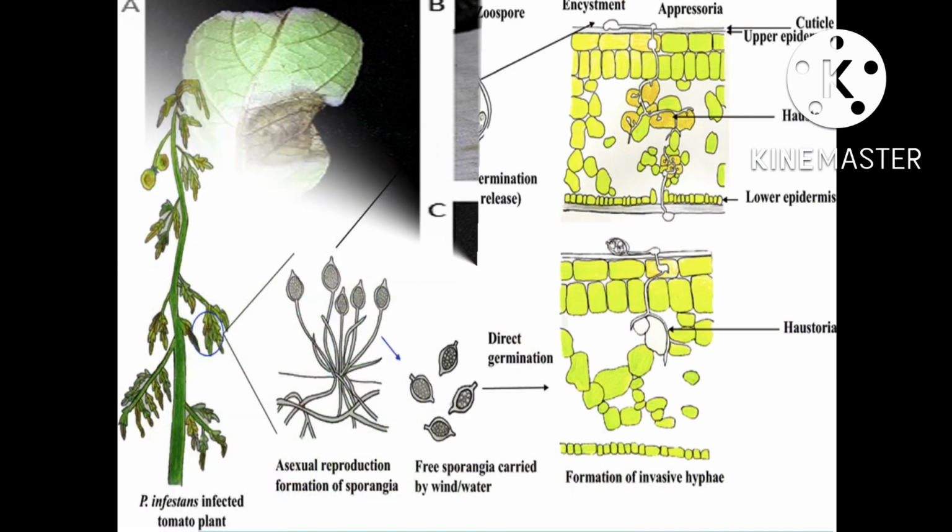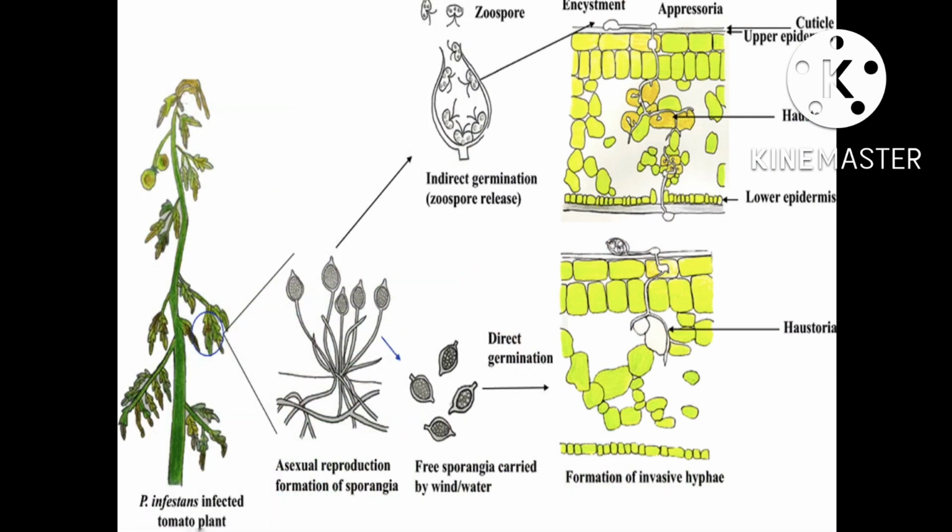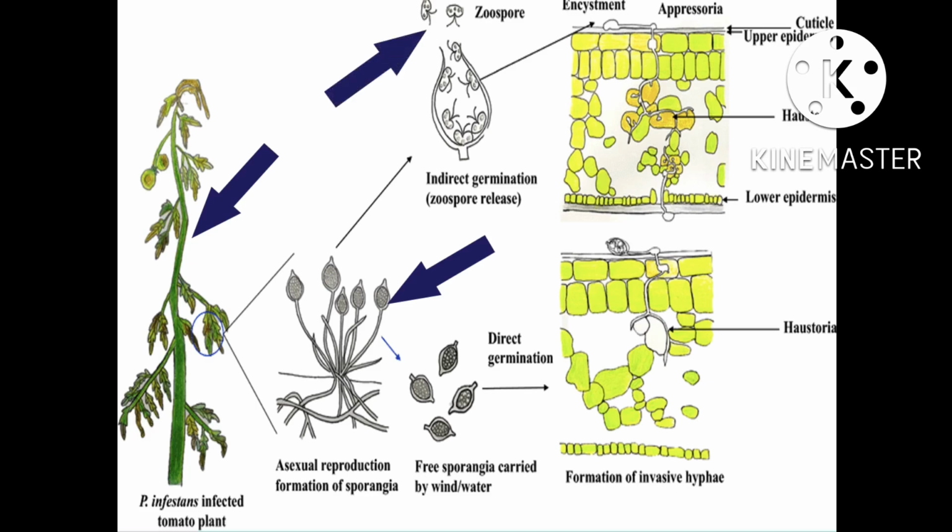The vegetative hyphae are long, tubular. See here, this is the structure. This is the vegetative hyphae, branched and coenocytic. Asexual reproduction occurs by the formation of oval or lemon-shaped sporangia, which germinate to produce biflagellated reniform uninucleate zoospores.